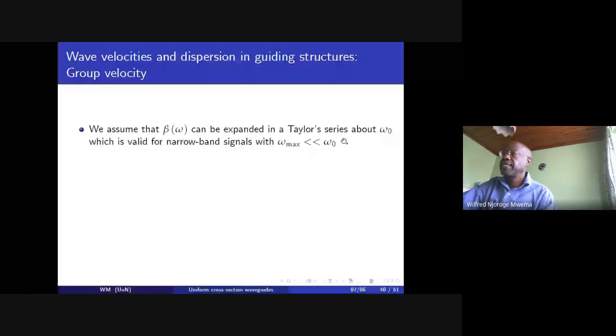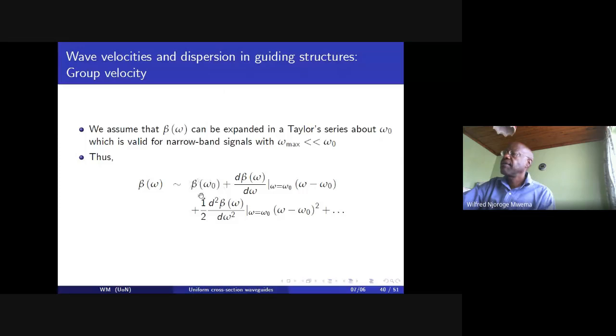Thus beta(omega) can be written as the center frequency phase propagation constant plus the derivative at that center frequency multiplied by the frequency shift, and so forth.